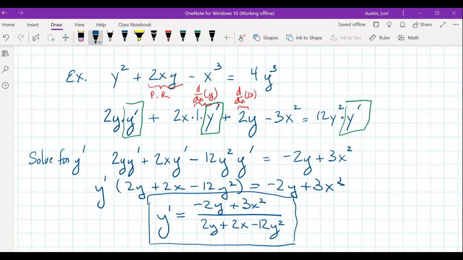So that's why I like y prime, but if you don't like using y prime, just use dy dx.